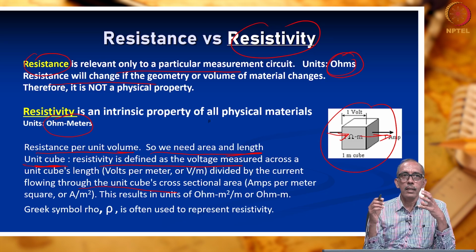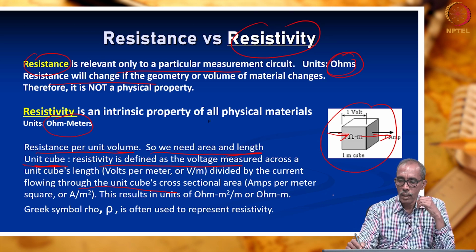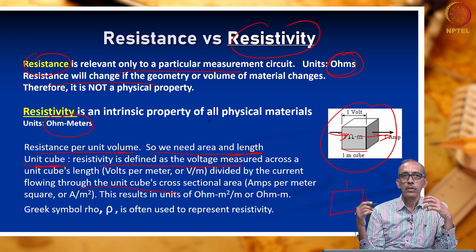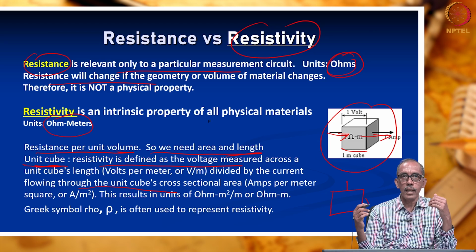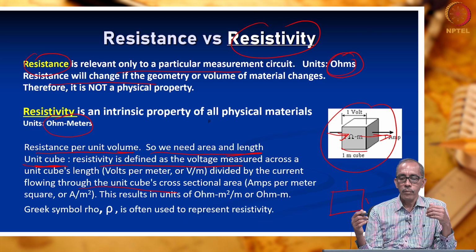To determine resistivity, we need to know the size and shape of this material. So here we are talking about a 1 square meter area, 1 meter by 1 meter. The length of this cube is also 1 meter. So we can come out with an answer of ohm meter. That is the resistivity.